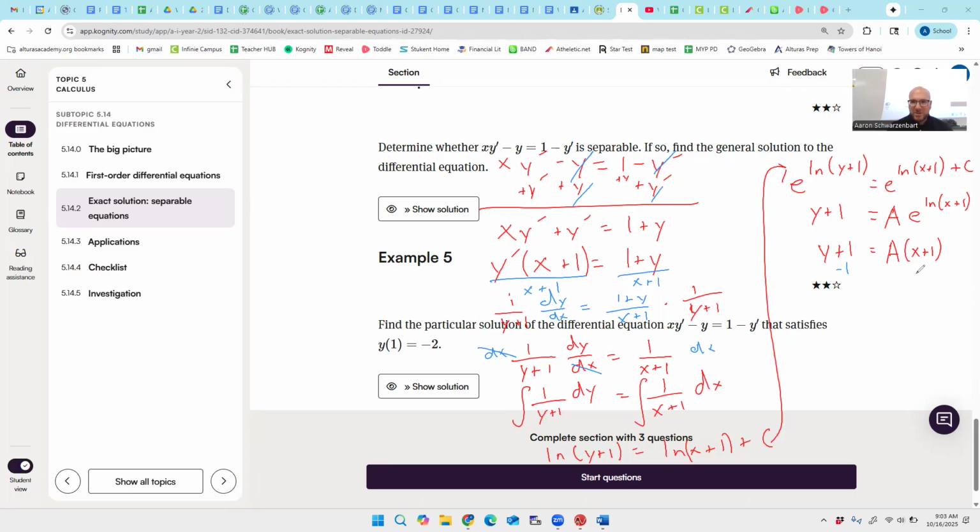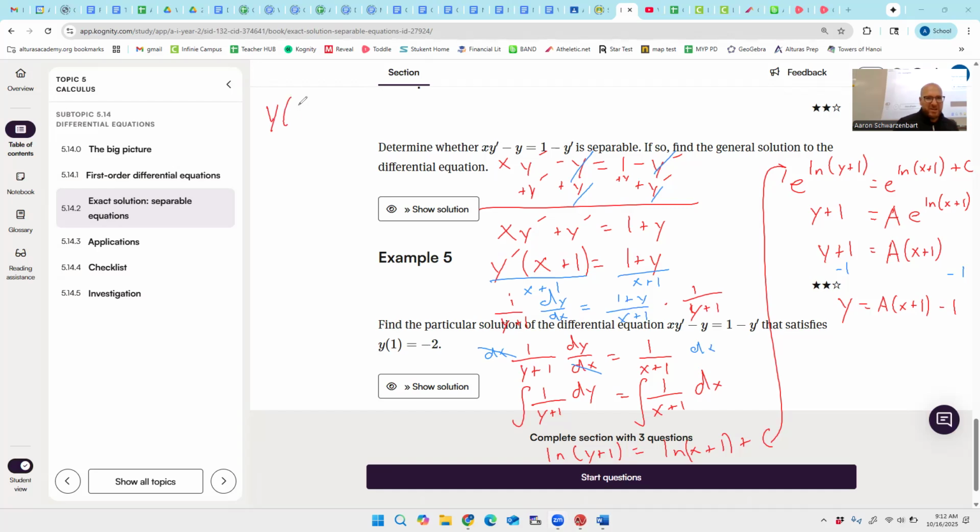And I'm going to subtract 1. Okay. The general solution still has this A in it, or the C in it. The particular solution does not have the C in it.